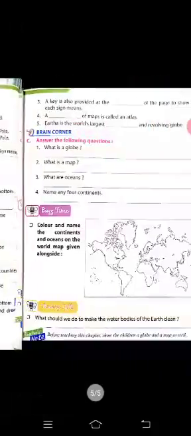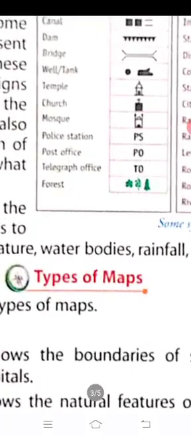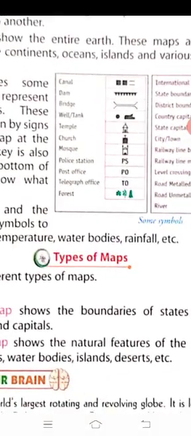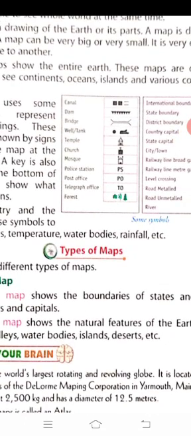On the second half, dear students, if we zoom in, sorry for the disturbance, you can see international boundaries, state boundaries. On the right-hand side the symbol is given to you, and on the left-hand side the names of the places shown in the map, and the key is also given here.